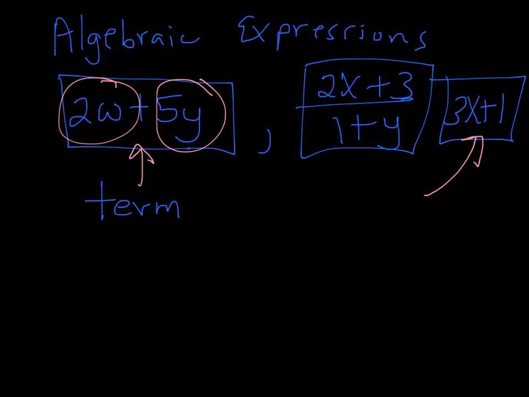This whole expression just has one term. This one right here in the middle, because as a whole expression, it doesn't have any separation by plus or minus. If I looked at just the top or just the bottom, the top part of it has two terms, the 2x and the 3, and the bottom of the fraction, the 1 plus y, that has two terms. But as a whole expression, it only has one term.